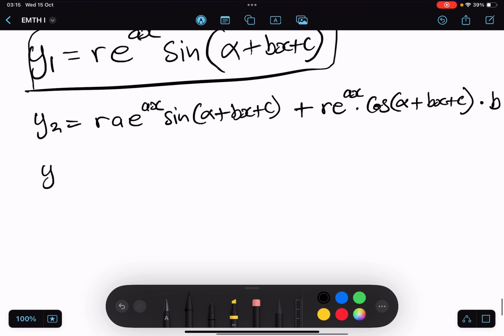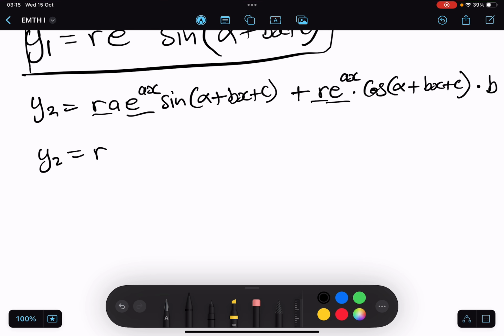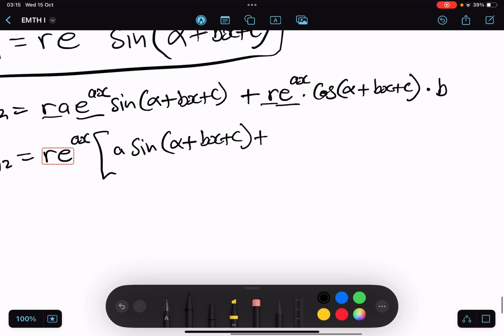So if you simplify this, factor out again the like terms, which is also r, we're going to have y2 equal to r e^(ax) times a sin(alpha + bx + c) plus b cos(alpha + bx + c).